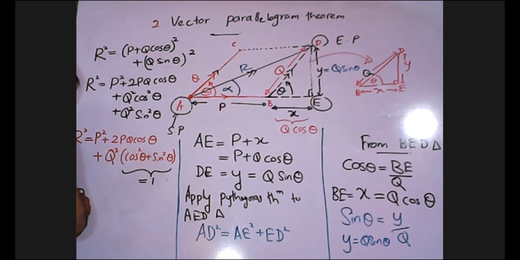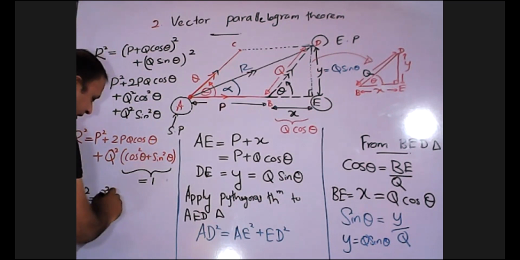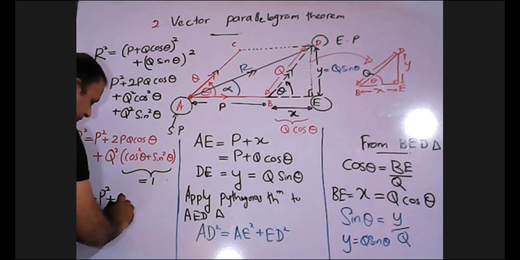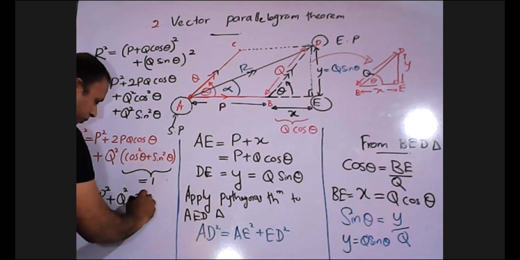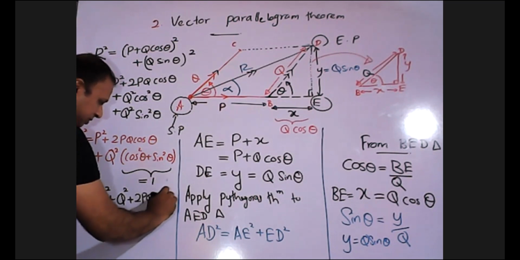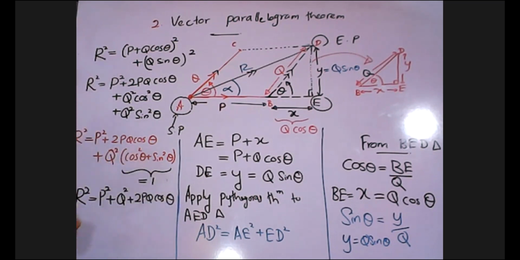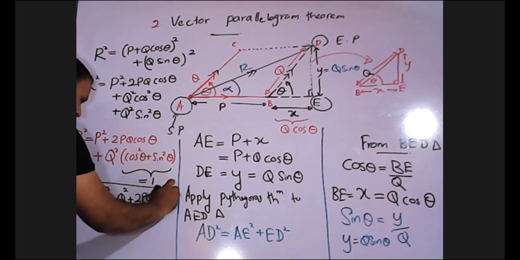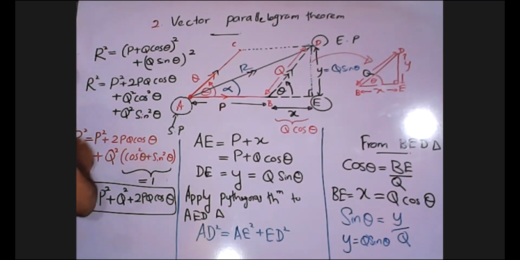Therefore, I can write this expression: P squared plus Q squared plus 2PQ cos theta.